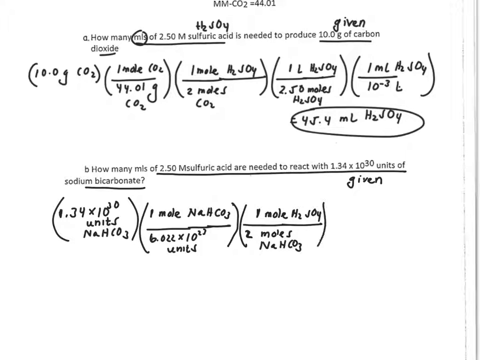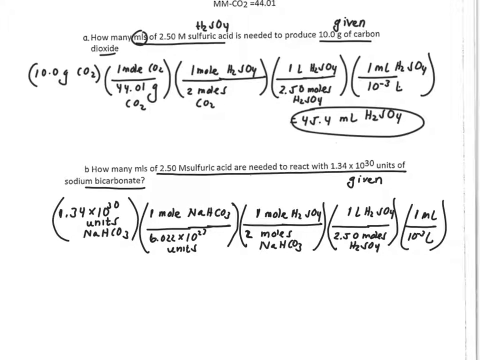And from moles, we can get to volume using molarity. And so the volume of sulfuric acid that we're going to need is 4.45 times 10 to the 8th mils.